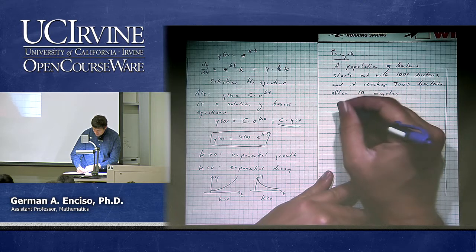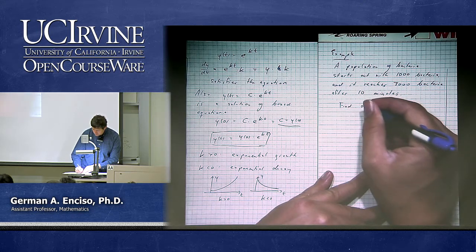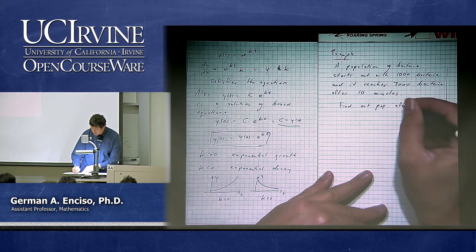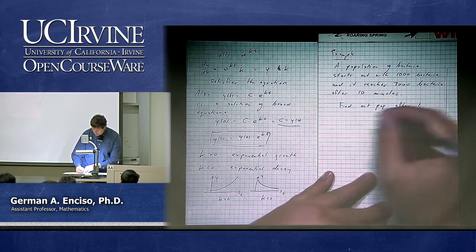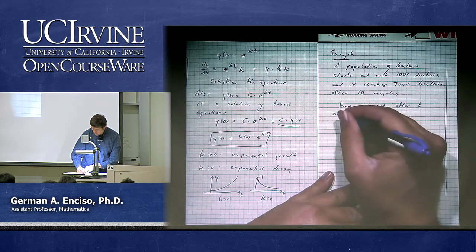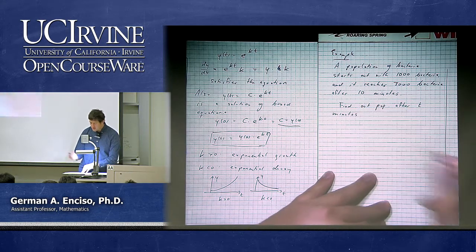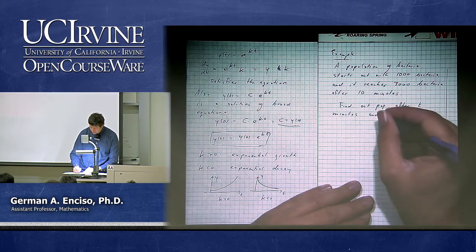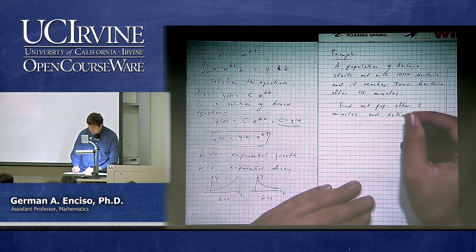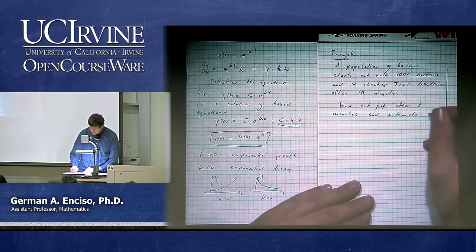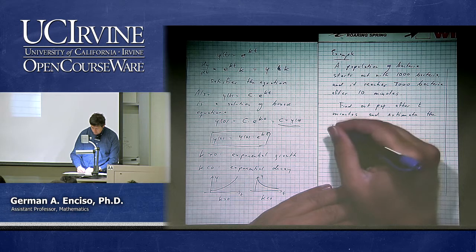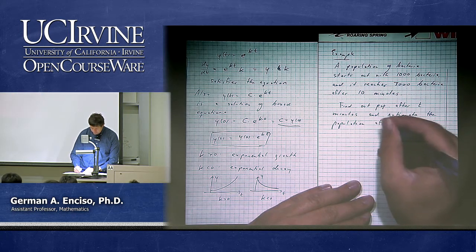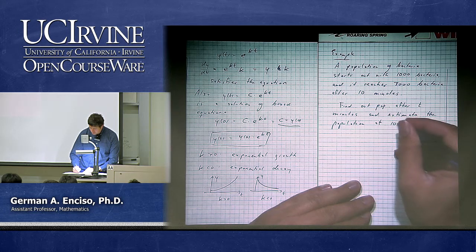Okay, the question is to find out the population after t minutes. In other words, find the general expression for the population over time and estimate the population at 100 minutes.